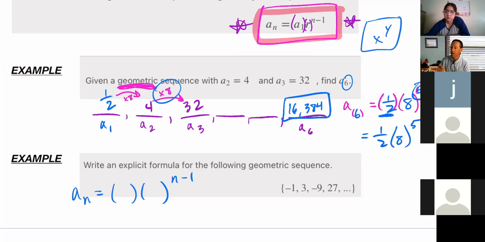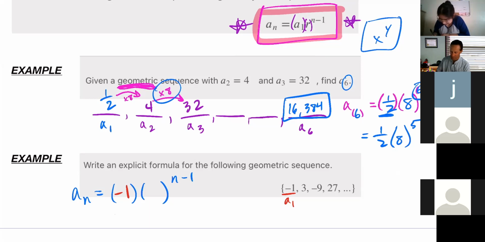Just like in the other one, it was A1 and D, the common difference. What do you already know? A1. They flat out gave it to us. What's the only thing you have to come up with? R. Thank you, Brianna. The R.